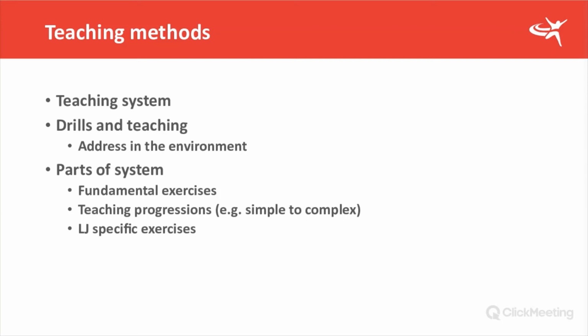In terms of parts of the system, we're going to show a series of fundamental exercises, from skipping right through. But again, we can look at teaching progressions and how we can make it more complex or easier, just to challenge the athlete but progress it as well. The exercises need to be related to the event, and it's important that we can do it in part.